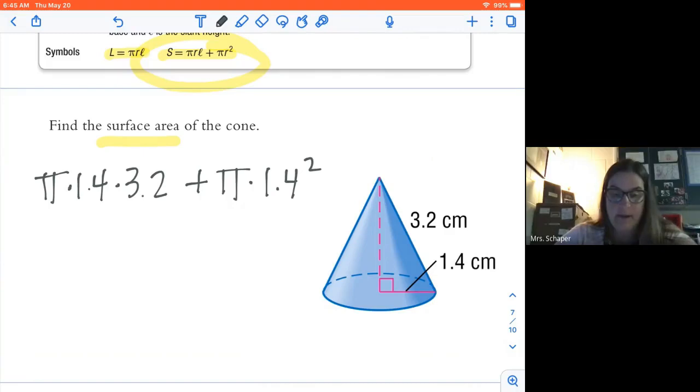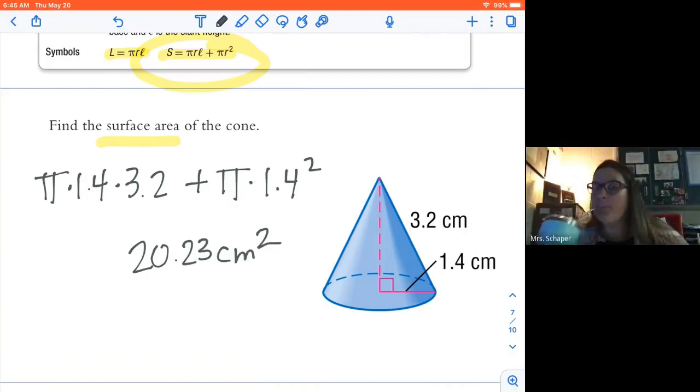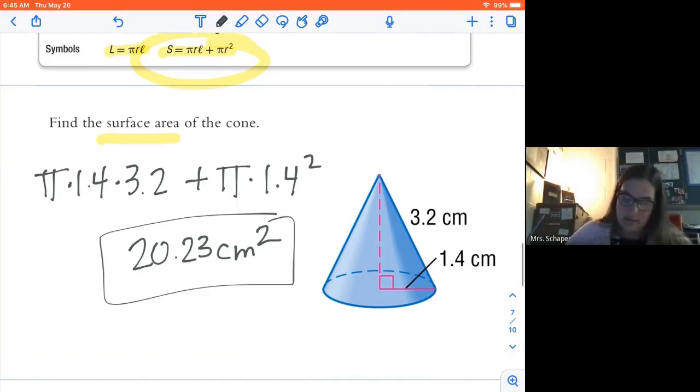We've got pi times 1.4 times 3.2 plus pi times 1.4 squared. That gives us a total of 20.23 centimeters squared. Fantastic, right? Total surface area. All right.